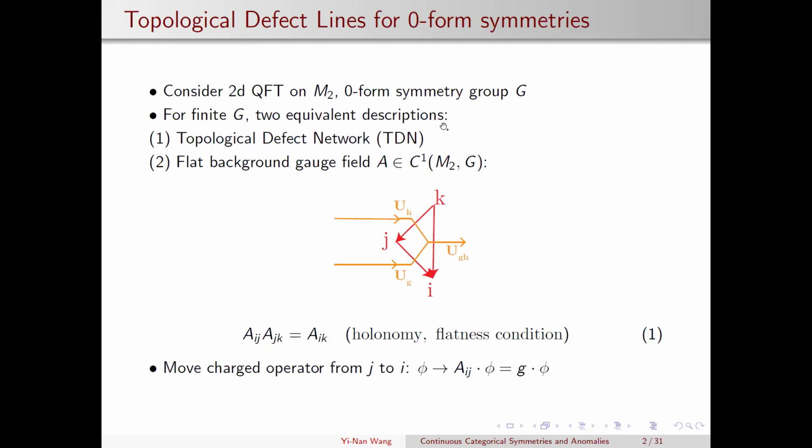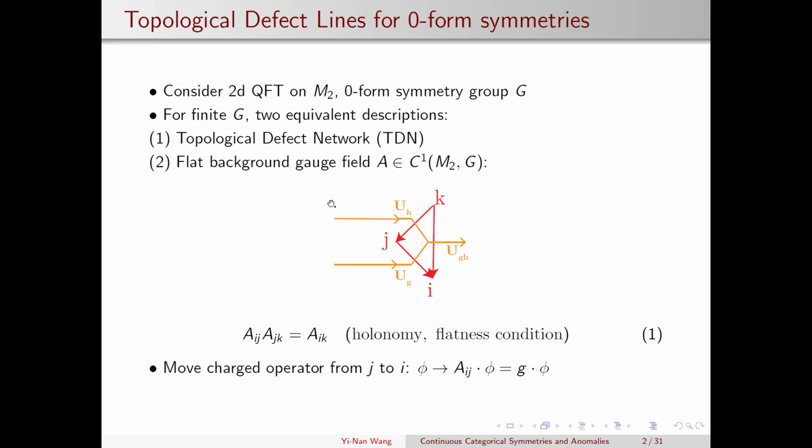And in this case, you have two equivalent descriptions for the symmetry generators. The first one is the topological defect lines, or in general, topological defect networks, that consist of these U_g operators, of dimension one, living in the 2D spacetime, which are labeled by group elements, say little g, little h, and little gh, and they satisfy the group fusion rule and can be combined into this topological defect network.